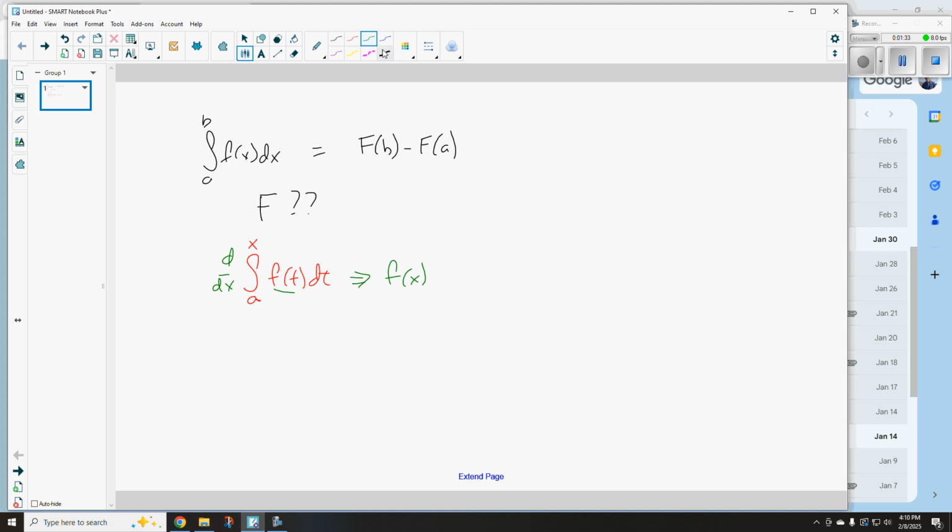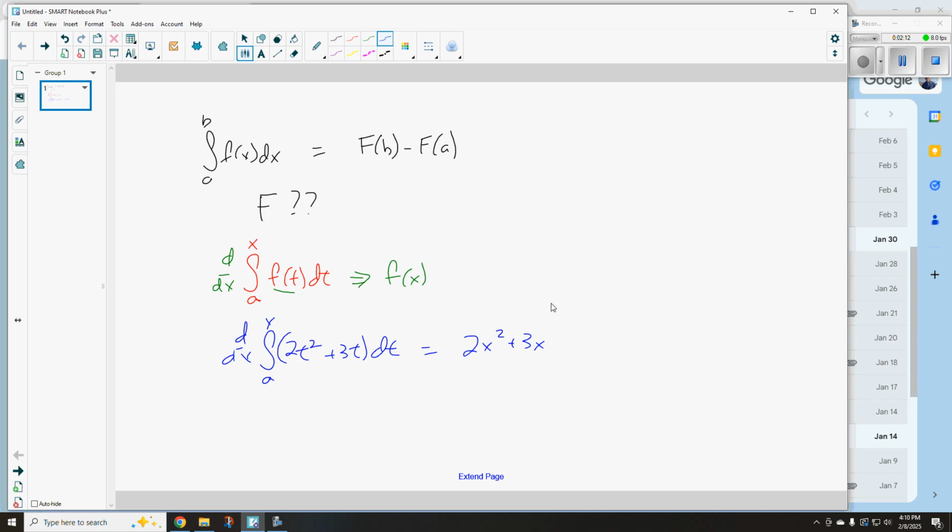Just for example, if I was to do the integral from a to x of 2t squared plus 3t dt, and I take the derivative with respect to x of this, it would be equal to 2x squared plus 3x.